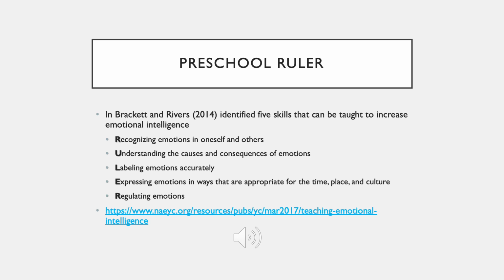Here's another article about the mood meter, which I'm going to get into more on the next slide. It's a supportive chart that children can use to identify their feelings using different labels and different colors. Like I said, on the next slide I'll talk a little more about that.